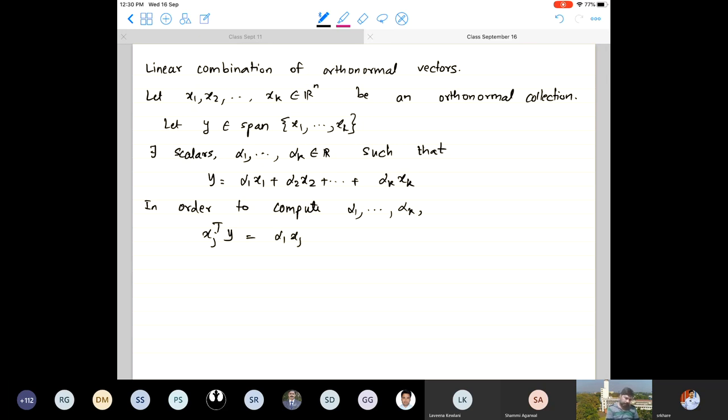I'll get alpha 1 xj transpose x1, and so on, up to alpha k xj transpose xk. And now, because I am working with an orthonormal collection, xj transpose xj will be equal to 1, and all other xj transpose xi will be equal to 0 when j is not equal to i. So this implies that alpha j is actually equal to xj transpose y.